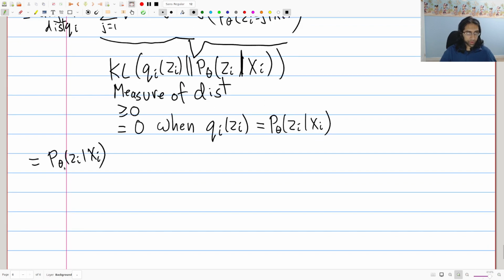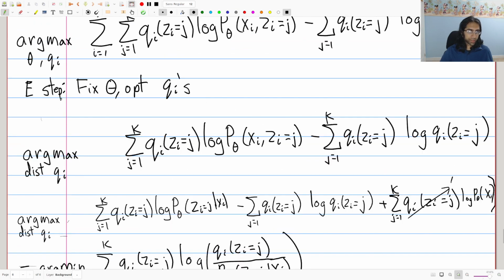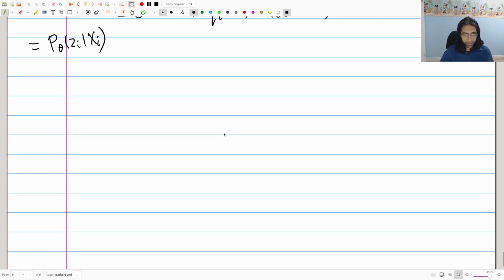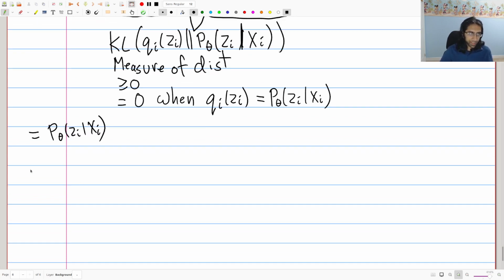We'll revisit this later when we talk about how to actually compute it, but this is something we can compute given the parameters as well as the data points, which is exactly what we wanted. We fix the thetas, we have the x's, and therefore we can optimize the q's. Okay, so that's the E step, the expectation step.